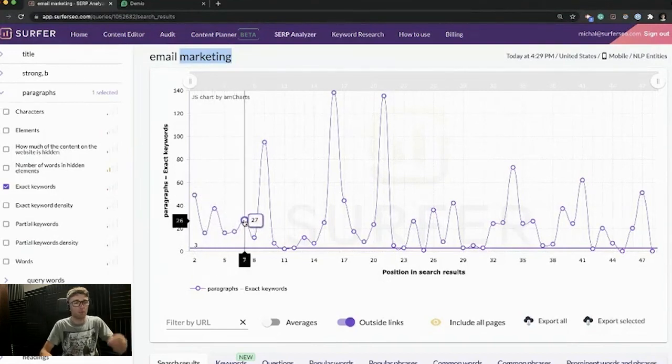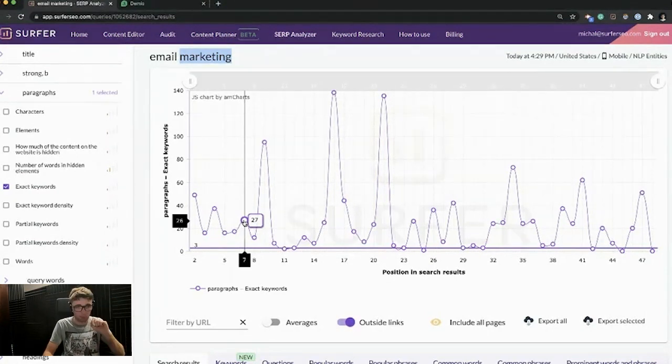So having more email marketing keywords in paragraphs will benefit you. Or that's my assumption based on data. It's not out of the blue. I'm not deciding to just use more keywords. I'm telling you to use more keywords because I see that there is a trend that represents that having more keywords can have an impact on rankings.